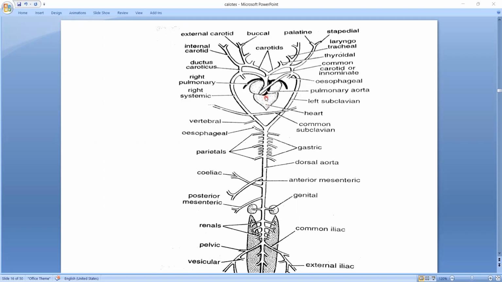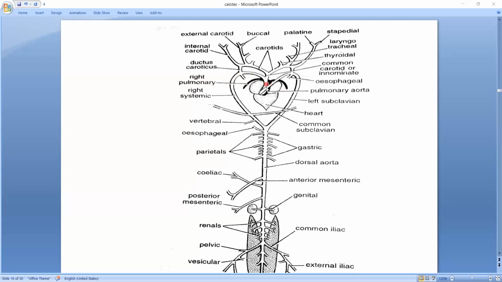And so this is the left systemic aorta. This is the main trunk. This is the right systemic aorta. Okay.